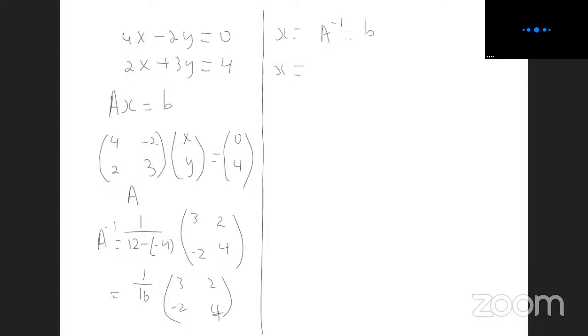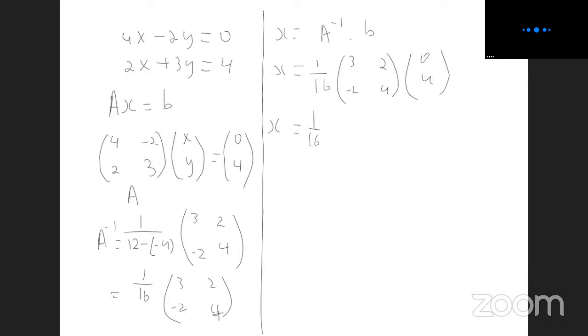So that's 1 over 16 by 3, 2, minus 2, 4. B is 0, 4. How do we multiply matrices again? Row by column. So you multiply a row in matrix 1 by a column in matrix 2.